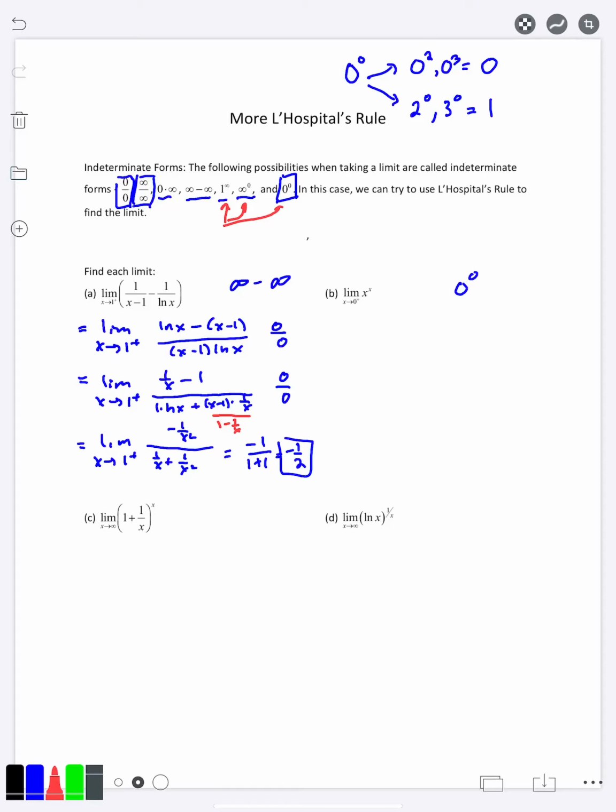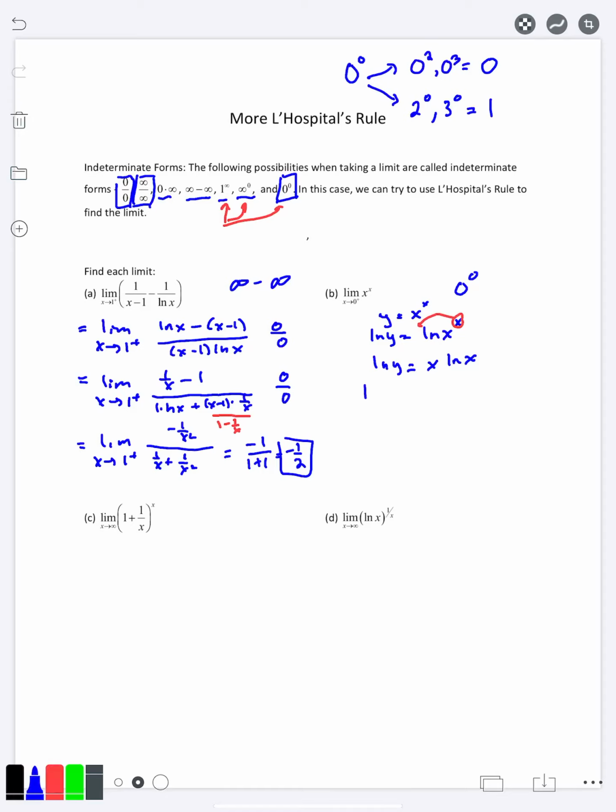So what we're going to do is apply the logarithm to our function. So we're going to say if y equals x to the x, then ln y is ln of x to the x. Then we're going to use algebra to bring the x down. Right? Exponents become coefficients here.